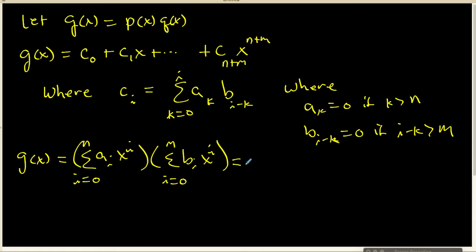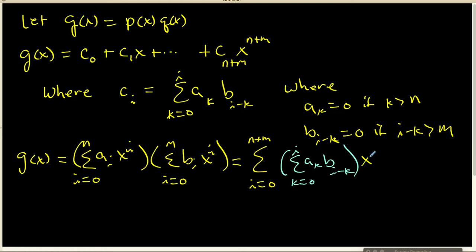We know that this can also be written as the series as i goes from 0 to n plus m of, and I want to put this in a different color, the coefficient itself, which is the series as k goes from 0 to i of ak times b(i minus k), times x to the i.